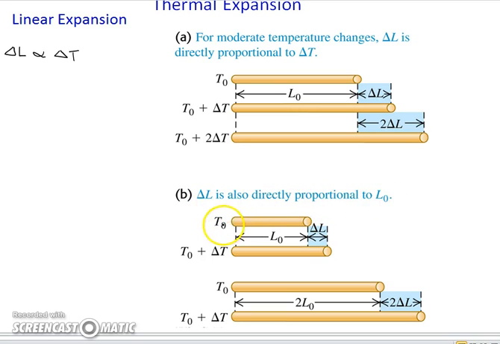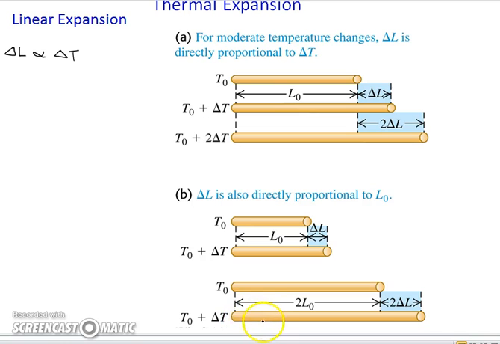Here it is. Let's say again the same thing. Initial temperature T naught, original length L naught. When you change the temperature by delta T, to T naught plus delta T, it becomes L naught plus delta L. How about if I have the original temperature T naught, but the length now being 2 L naught? So now the original length is twice what we had before. And if you change by the same temperature delta T, what will happen now?